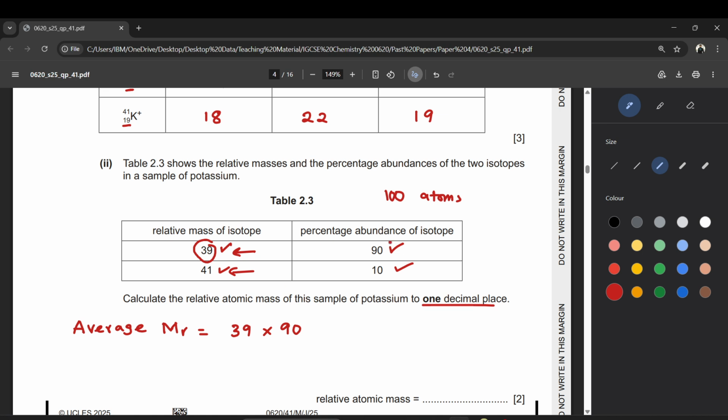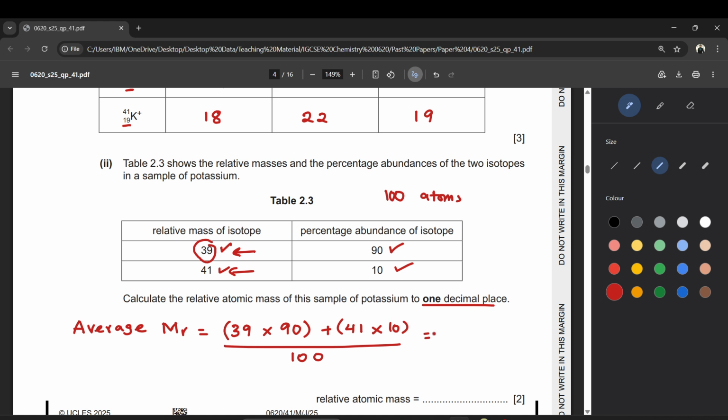So basically when we are multiplying by 90, we are actually saying that this is how much this type of isotope is contributing. Okay, so 39 times 90 plus the next one is going to be 41 multiplied by 10. And now because the total percentage is out of 100, right? So you are going to divide this by 100.